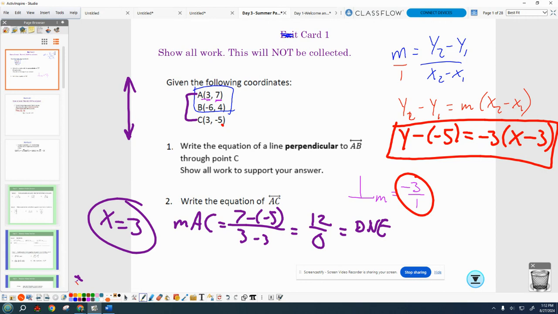Do you remember these? Some people don't remember that. Okay. So, perpendicular lines make negative reciprocal slopes. That's from geometry. Equations of lines: a vertical line is straight up and down.